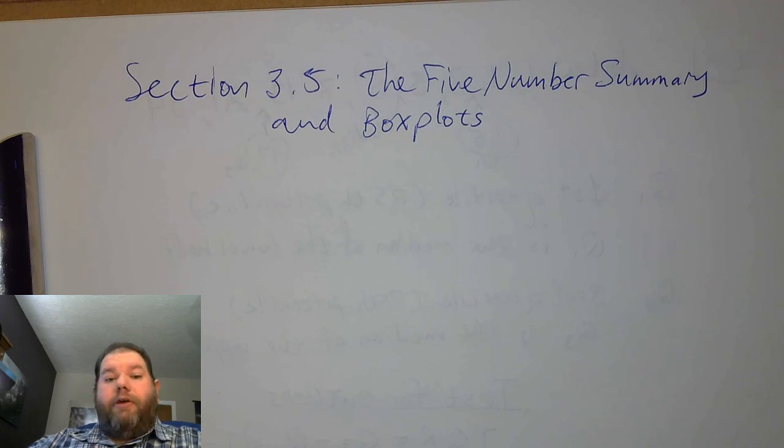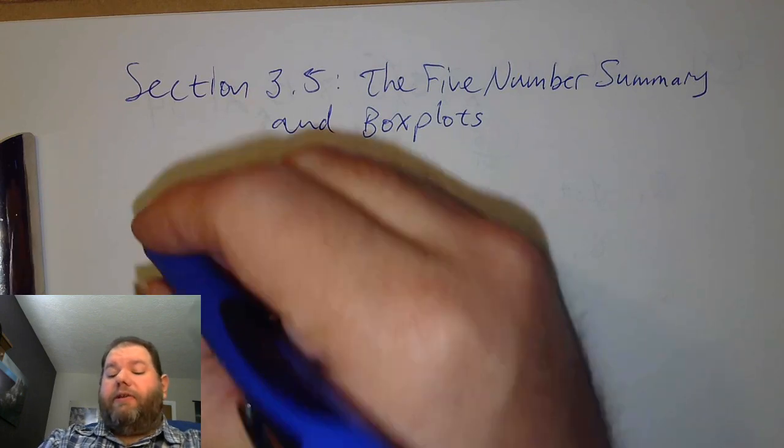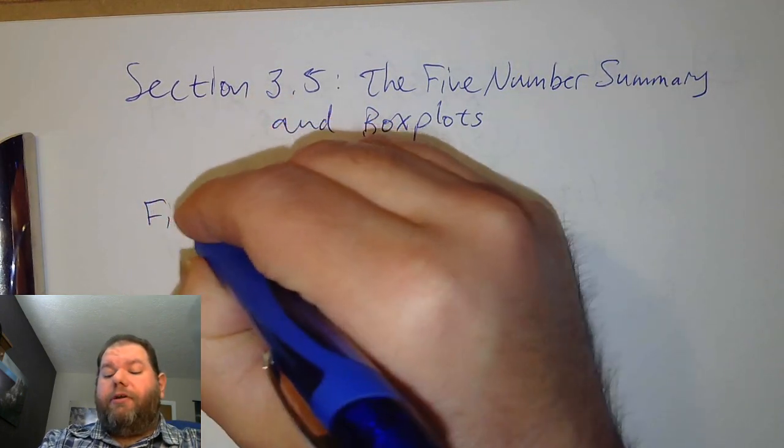Okay, now we'll talk about the 5-number summary first, and that's actually something that we've already discussed all the elements for, but we've never really given it a name. So let's look at the 5-number summary.